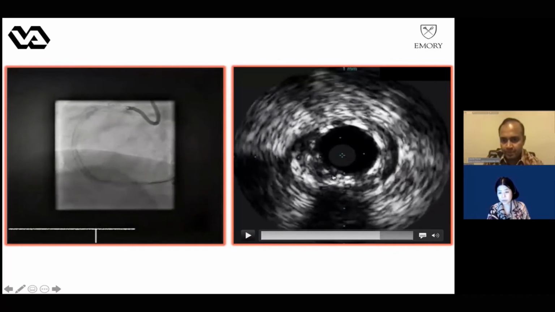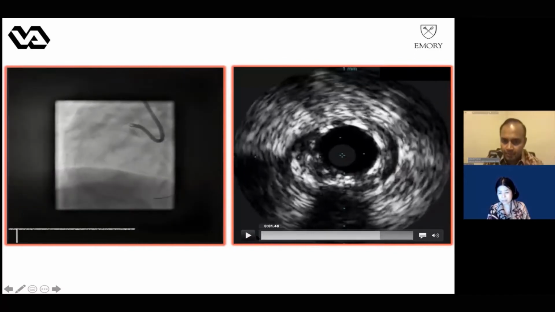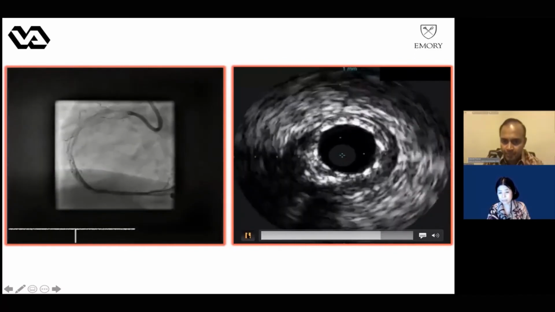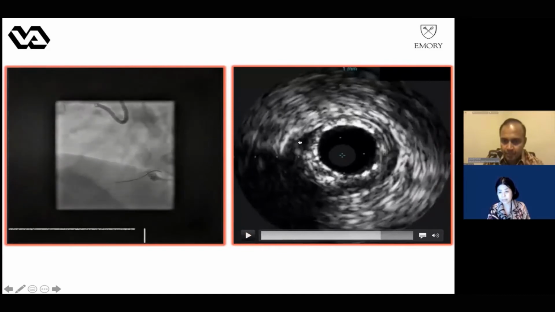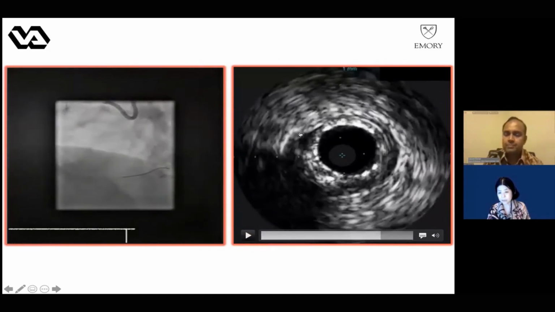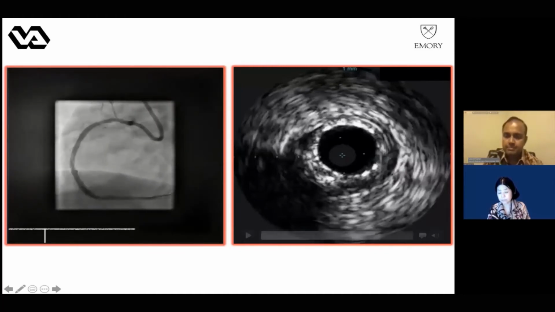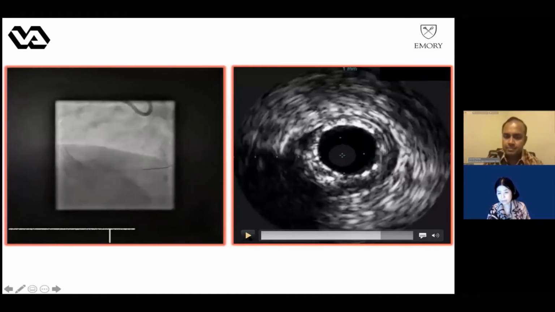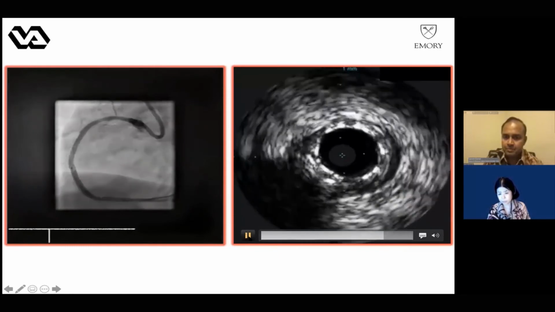And also a little bit at 10 o'clock. Yeah, you see the dark area. And most likely that is contrast staining, or could be blood.